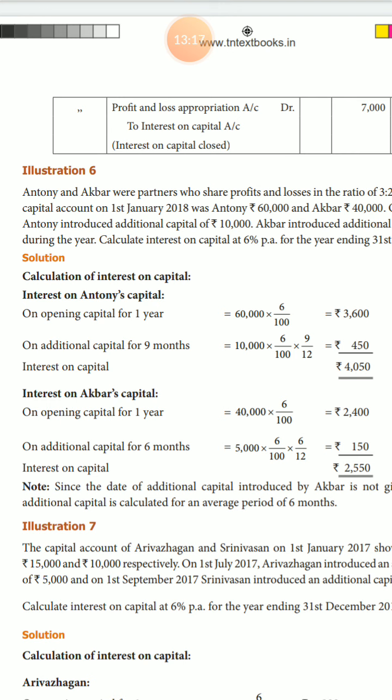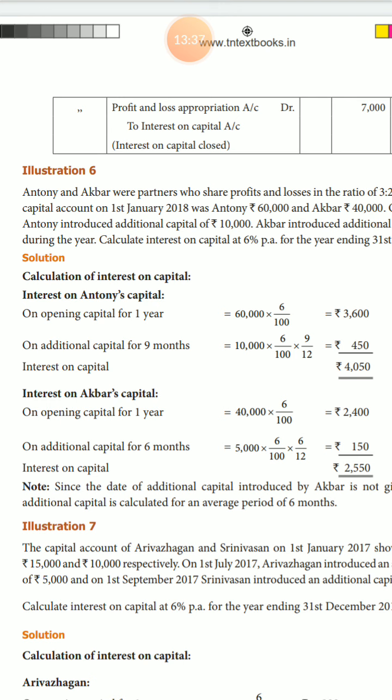But if one person is mentioned and another is not, you calculate in average period, 6 months only.